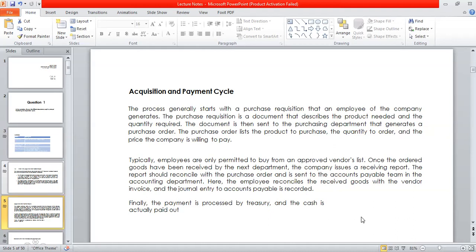Then after recording the journal entries, the payment is processed by the treasury, and the cash will then actually be paid out to the vendor. So this is the general acquisition and payment process.